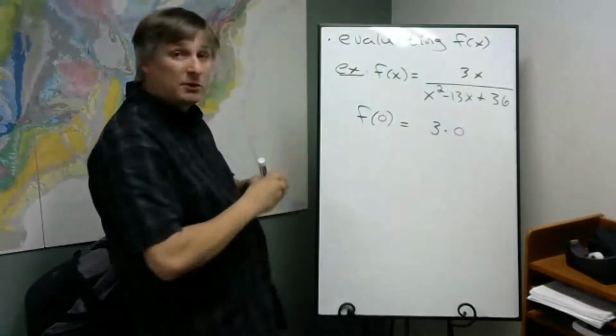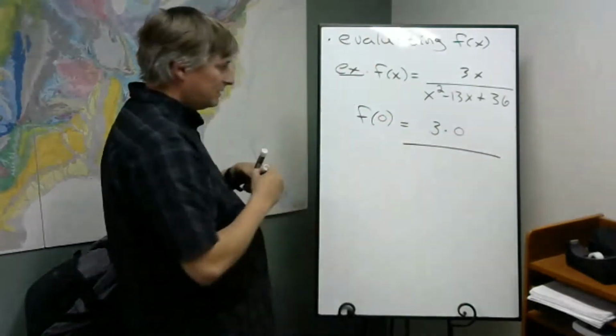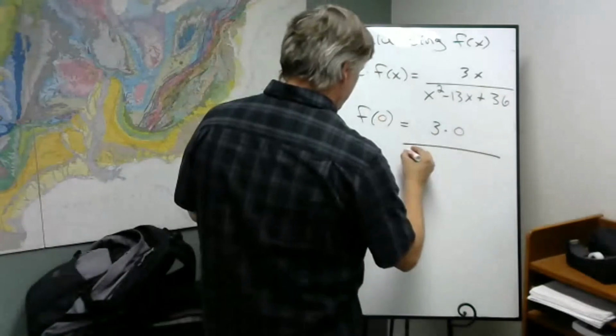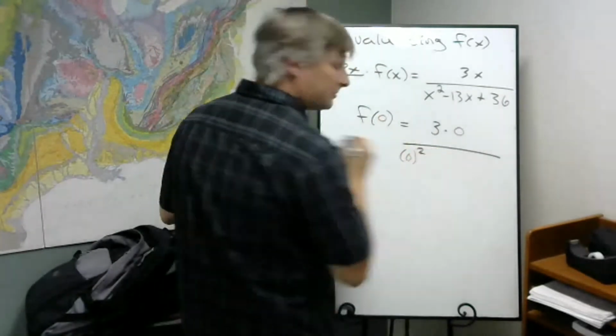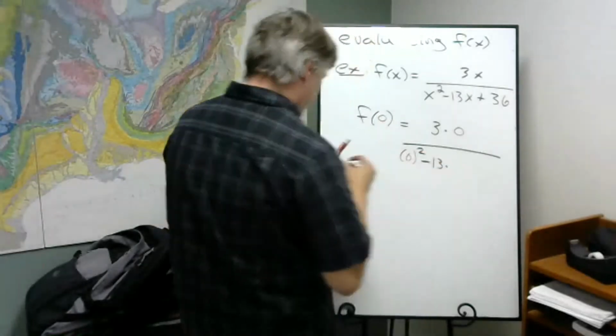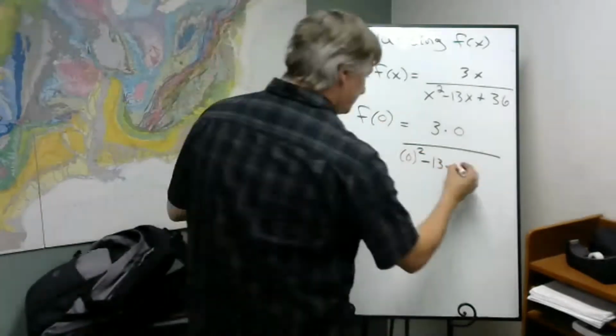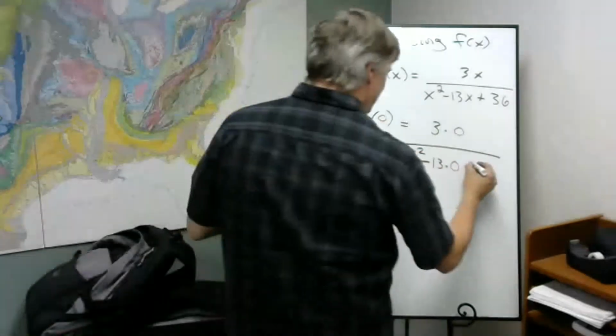And then we're going to have 0 squared minus 13 times 0 plus 36.